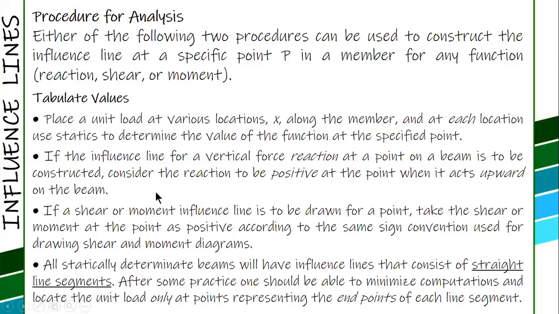Like if the length is 20 meters and the interval is 1 meter, you will have 20 positions. But once you are familiar, you can minimize. You can just locate the unit load at points representing the end points of each line segment, at the ends, nothing in between the two points. Just end points.